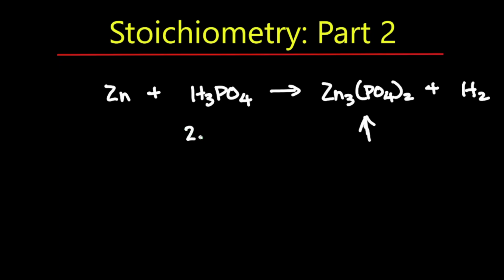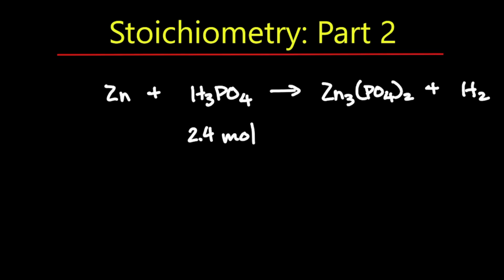So we have 2.4 moles of this. And my question is, how many moles of this one? You can pause the video here to try it out yourself. I will go over the question in 3, 2, 1.